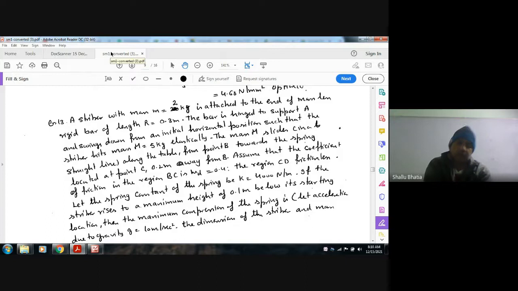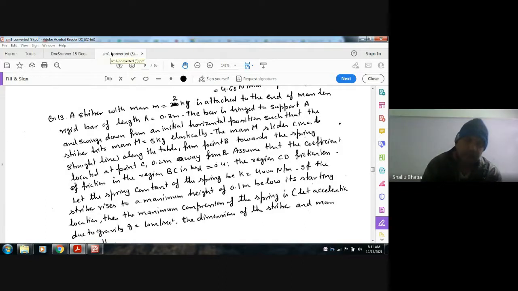The mass M slides in a straight line along the table from point B towards the spring located at C, 0.2 meter away from B. Assume this is the figure.